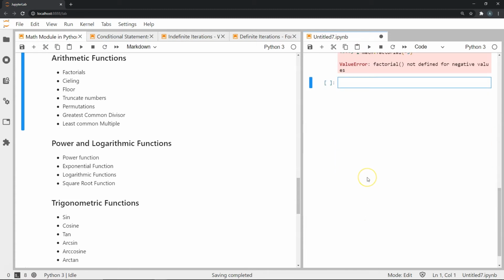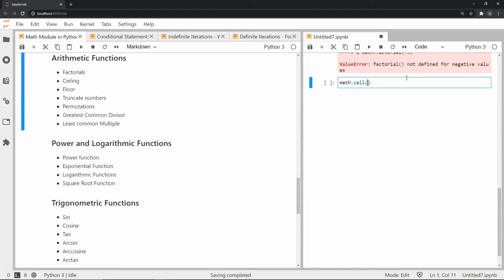Moving on, the next function that we'll talk about is the ceiling function. The ceiling function is defined using math.ceil. Again, we pass the number that we want the ceiling for in between the parentheses. So what is the ceiling function? It gives you the smallest integer that is greater than or equal to what we pass over here.